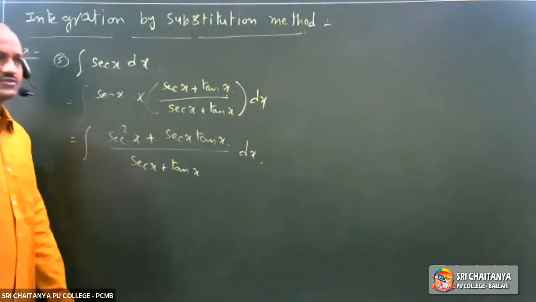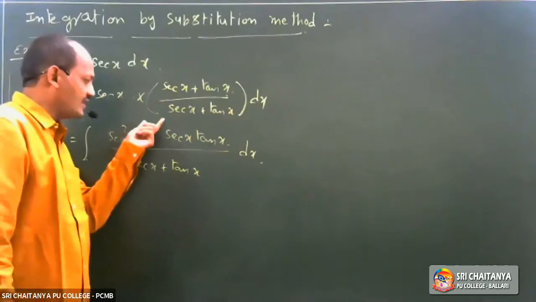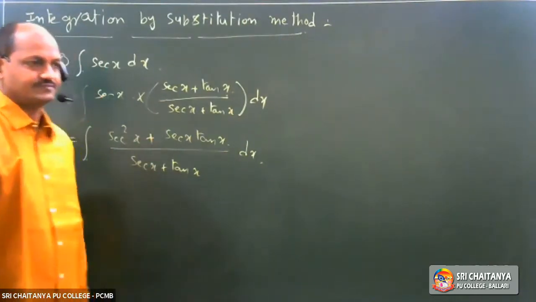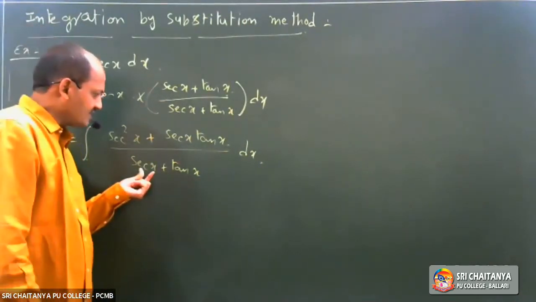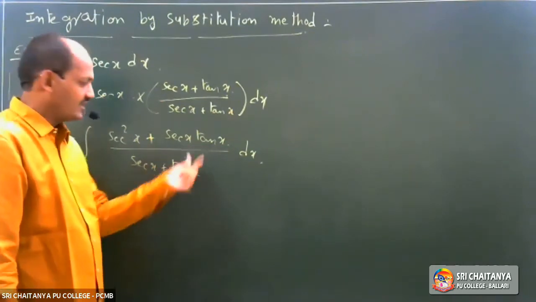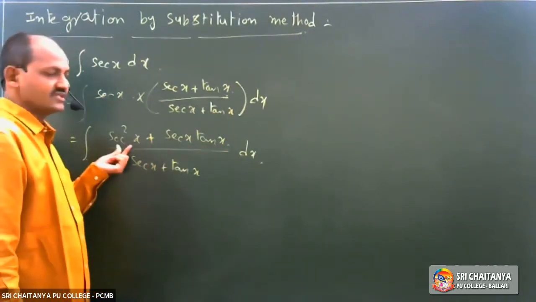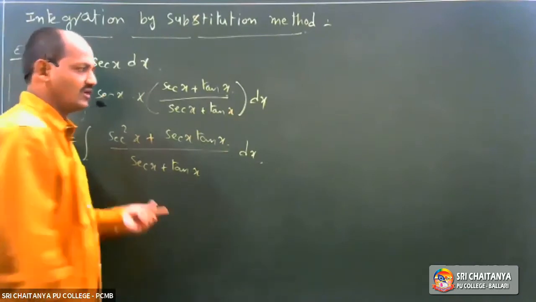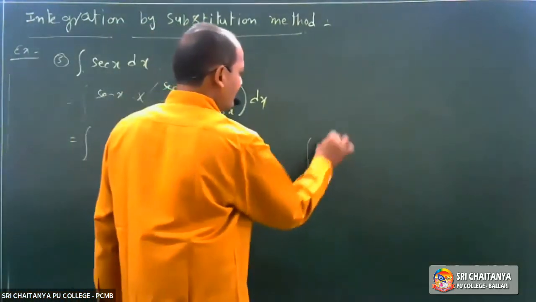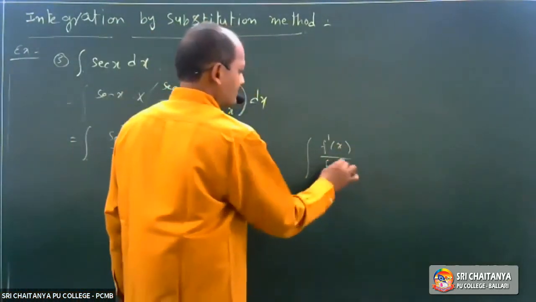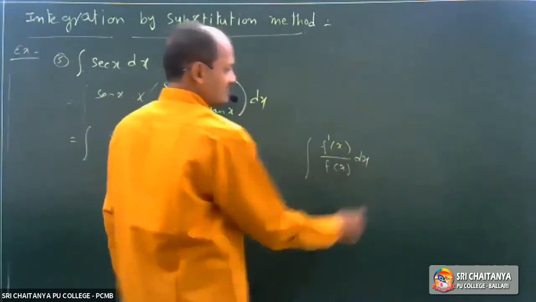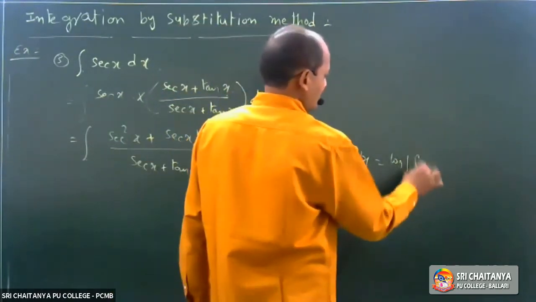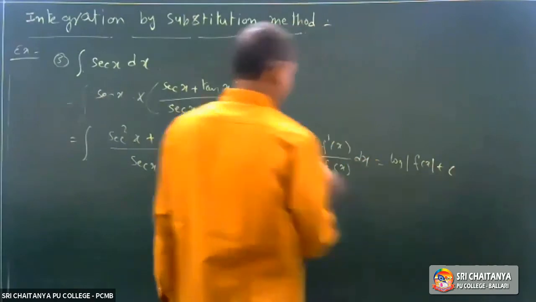Now it is also the integral of f dash of x by f of x. What about the derivative of secant x? Secant x tan x. Derivative of tan? Secant square x. So it is also of the integral of f dash of x by f of x form. What is the formula? Log mod f of x plus c.